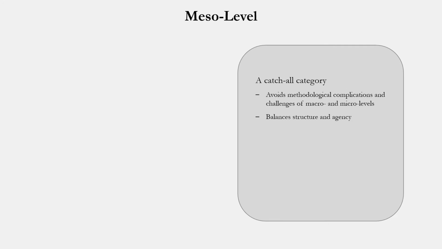By working in the middle, the meso-level approach can balance between structural constraints from above and agency from below, thereby showing how individuals and groups make their own histories within the circumstances imposed upon them.